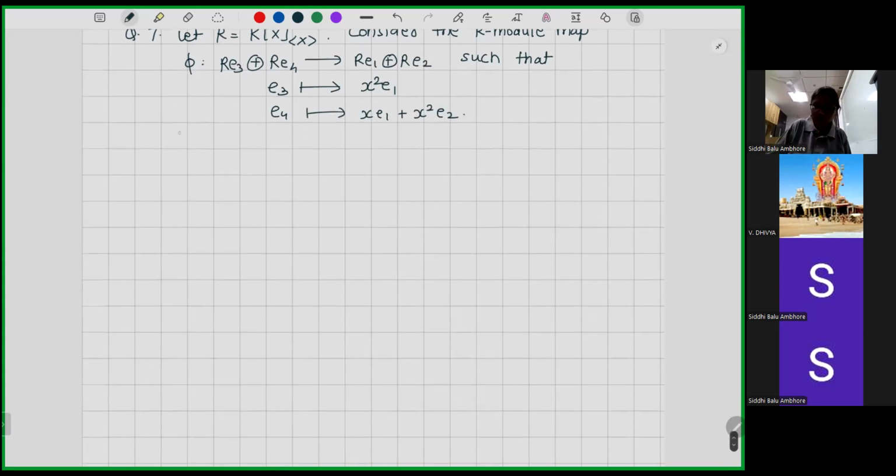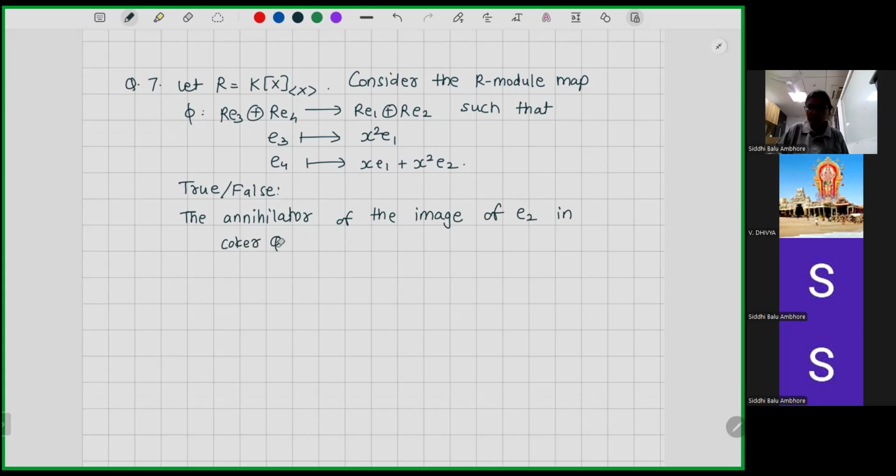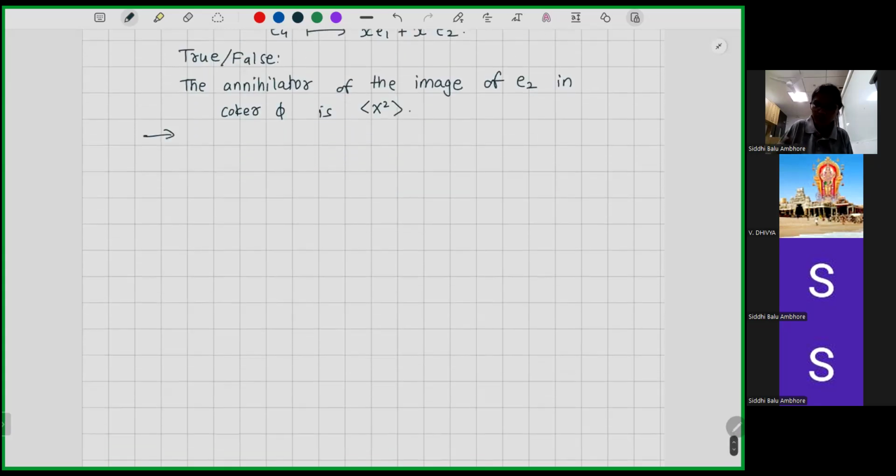And what we have to check is whether it is true or false that the annihilator of the image of e2 in the co-kernel of this map phi is x square or not.